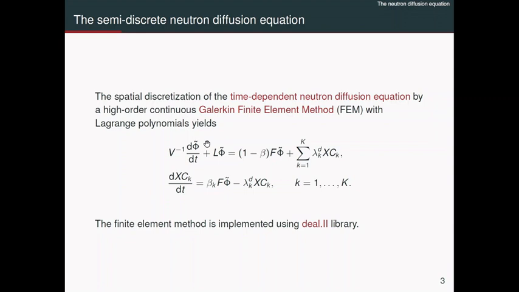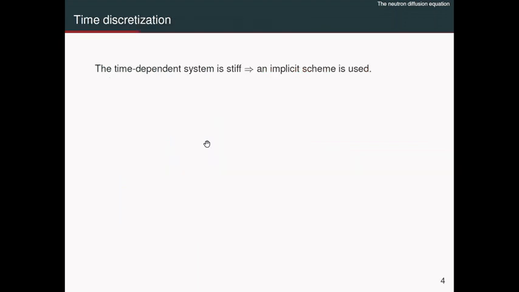This system of differential equations for a realistic nuclear reactor is stiff, so it is convenient to use an implicit scheme to make the time discretization.